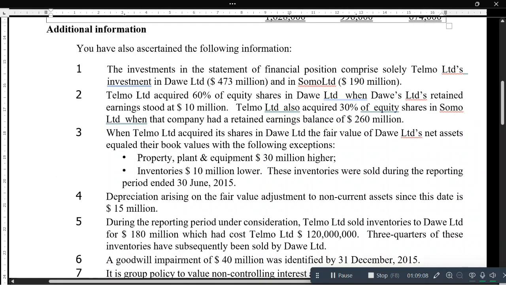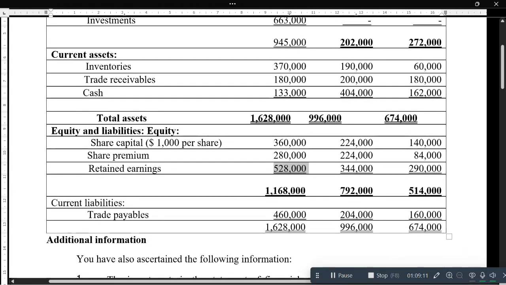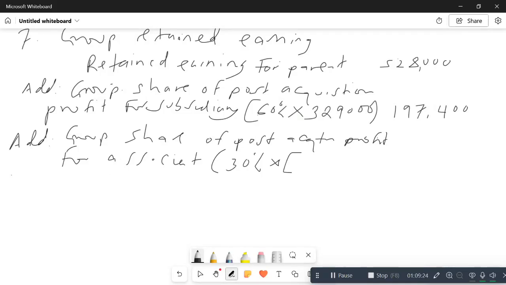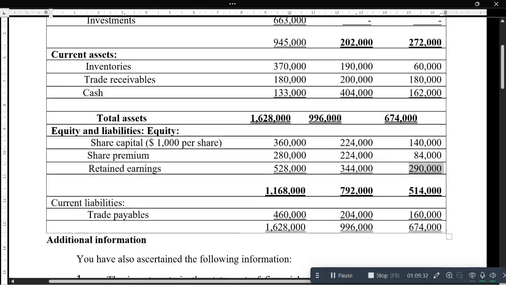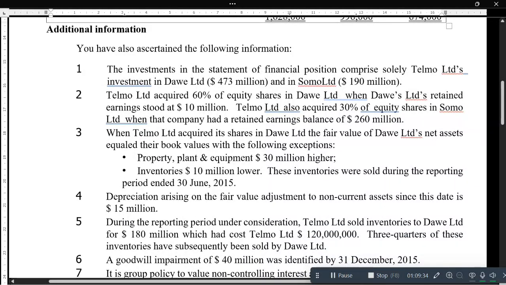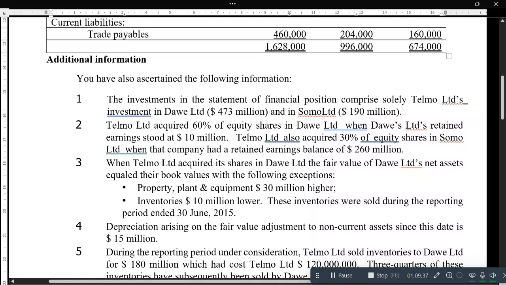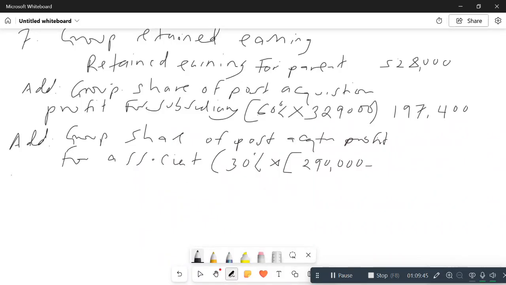When you look at retained earning for this associate, it was 290, which is this one, minus the one at acquisition. How much was it? Acquisition date, yes, check here. Shares in Somo Limited when that company had a retained earning balance of 260, meaning here it is 260.